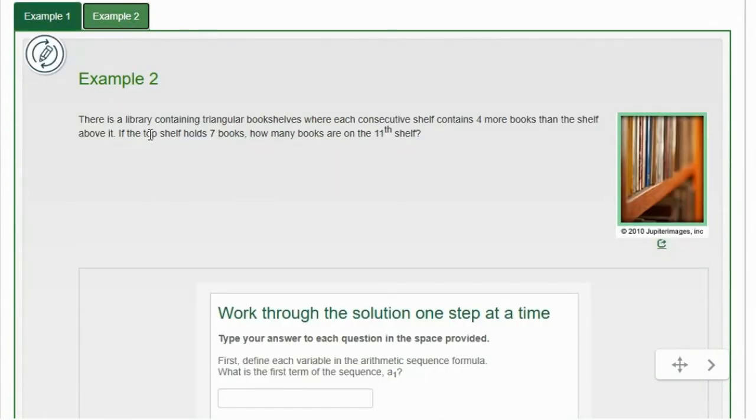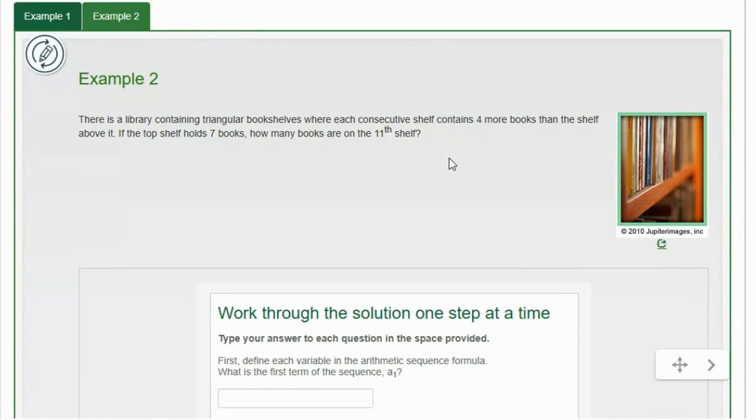This has a library containing triangular bookshelves where each consecutive shelf contains four more, there's a common difference, 4 more books than the shelf above it. If the top shelf holds 7 books, how many books are on the 11th shelf? Okay.